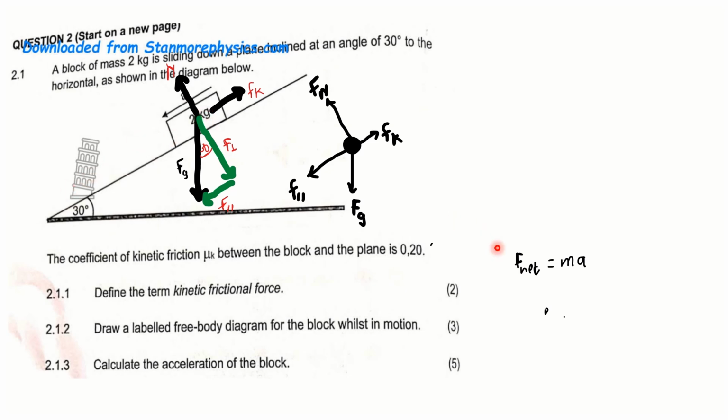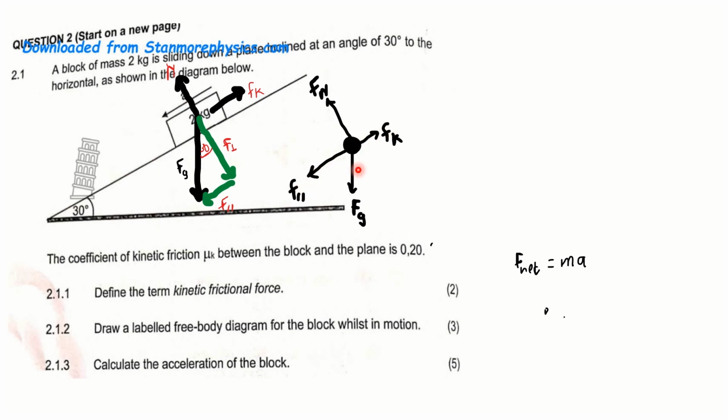Now, the F net, we are referring to the forces that are responsible for the movement of this block. Obviously, these are the forces in the direction of the motion, and they are not Fg and Fn. No, they are these two, which are Fk and F parallel, but they are going in different directions.